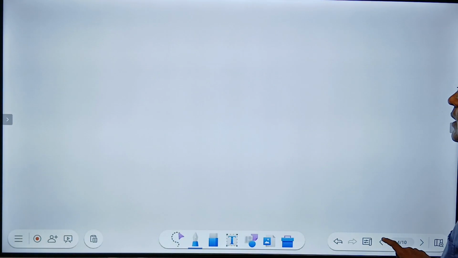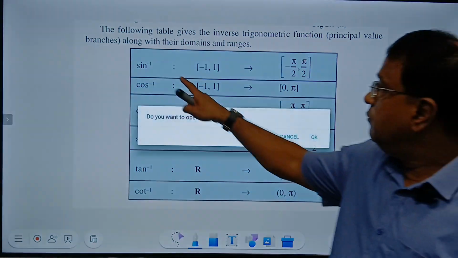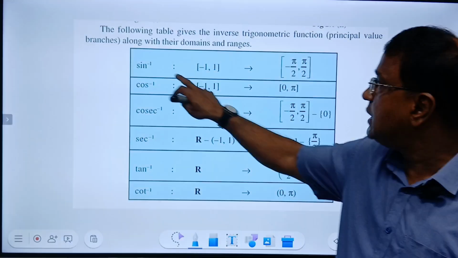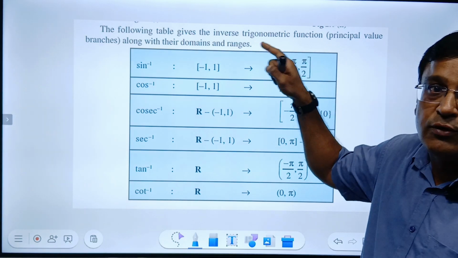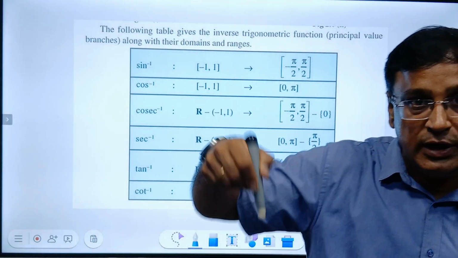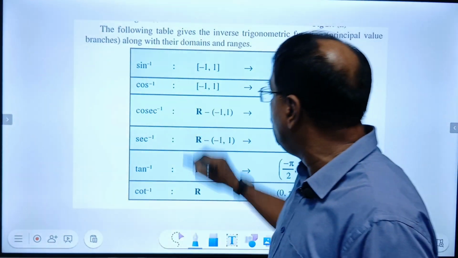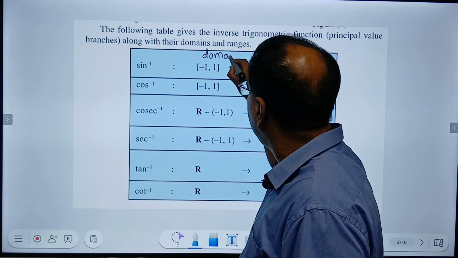Look at this graph. Look at this table. This is what I put in the beginning. For sine inverse, I told you for inverse trigonometric function, input is number. So this is my domain.